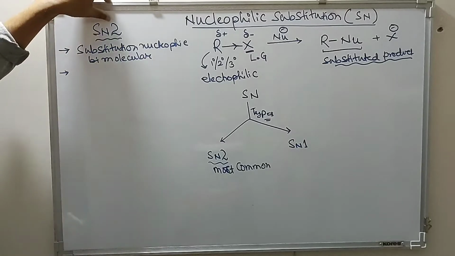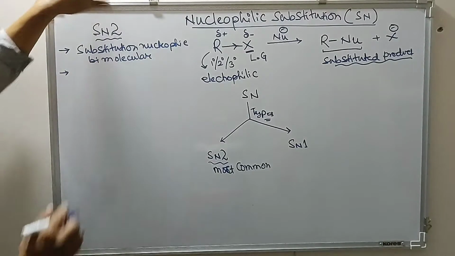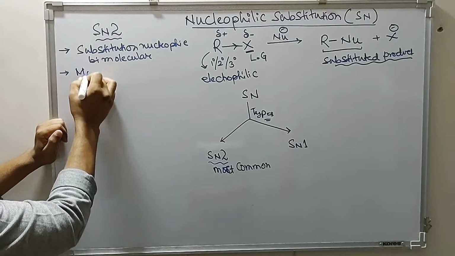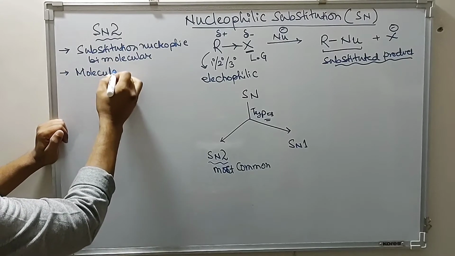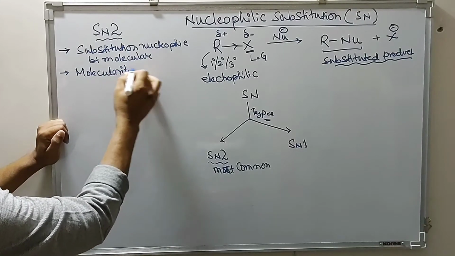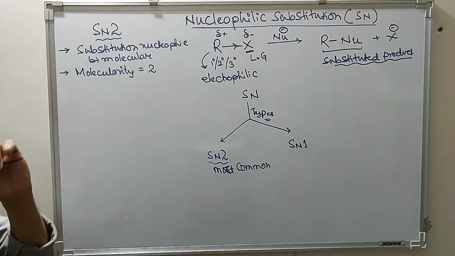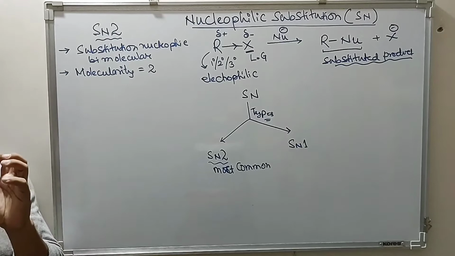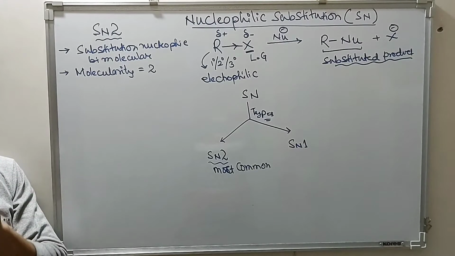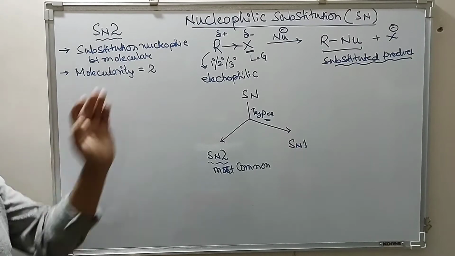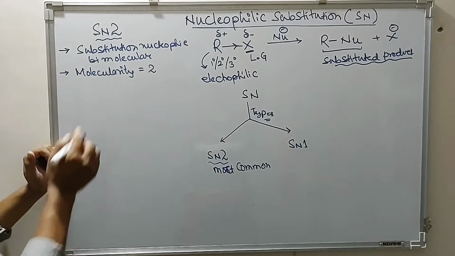So this 2 stands for molecularity. The molecularity of the reaction is 2, meaning thereby that in the rate determining step of this reaction, 2 molecules are involved. This is the meaning of molecularity being 2.